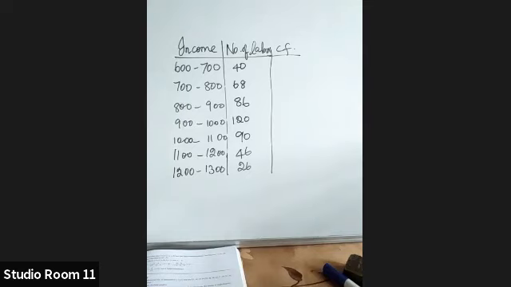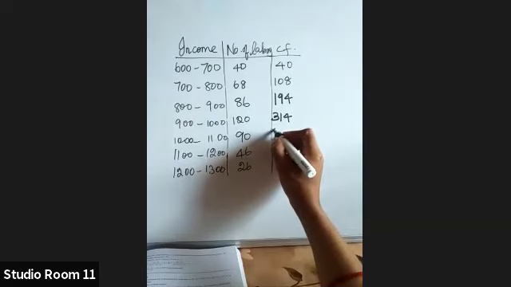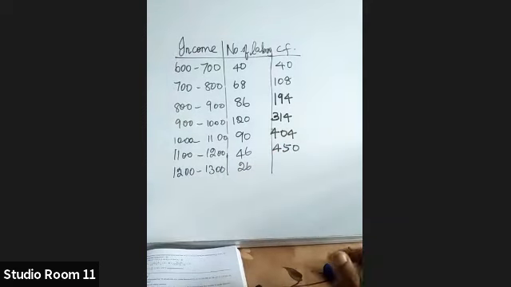Did you calculate the cumulative frequency? What's the cumulative frequency? 40, 108, 194, 314, 404, 450, 476.